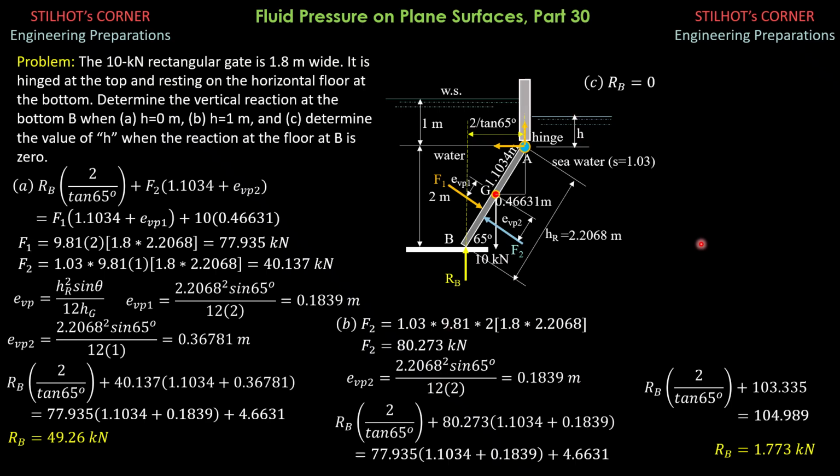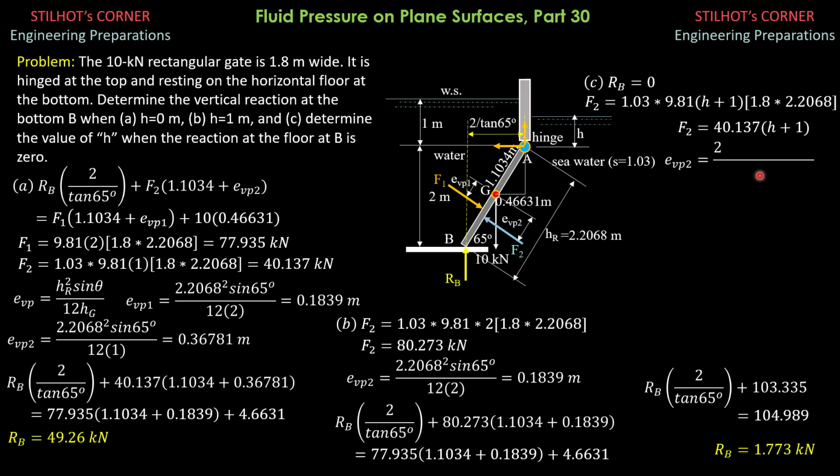So RB is 0 in part C, and we expect that H is slightly greater than 1. So F2 this time is 1.03, 9.81, quantity H plus 1, this is Hg, then area 1.8 times 2.2068. So F2 is 40.137 quantity H plus 1.